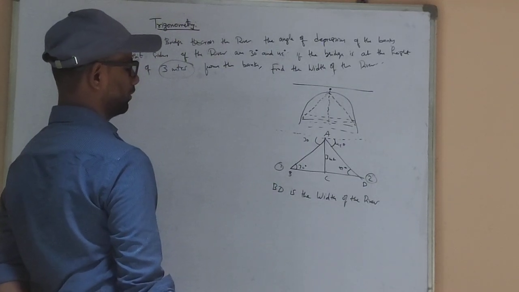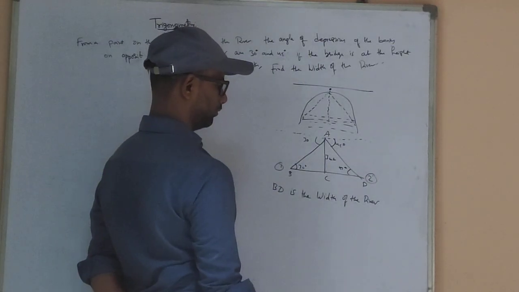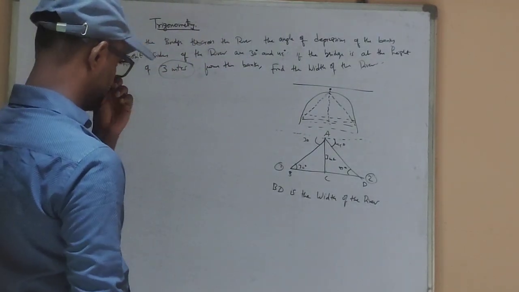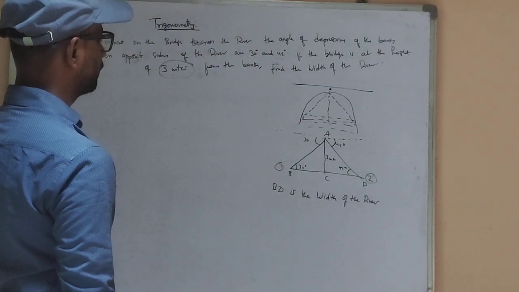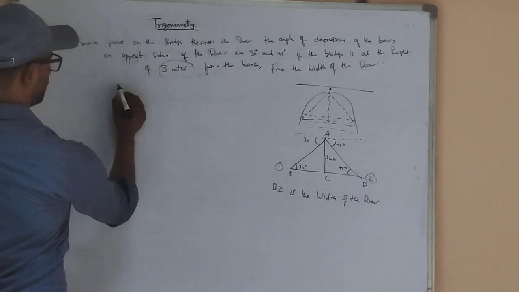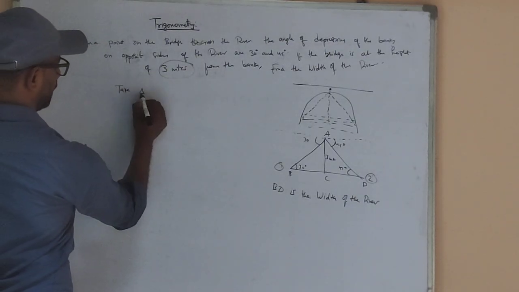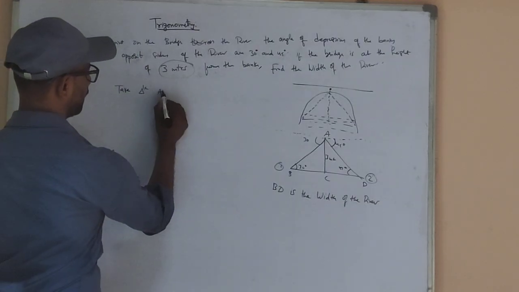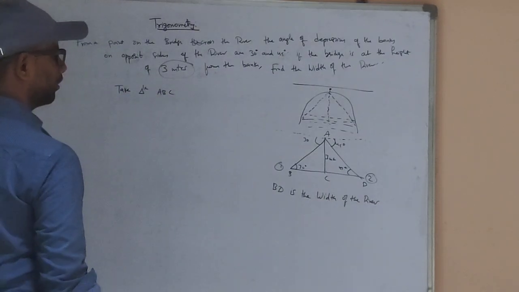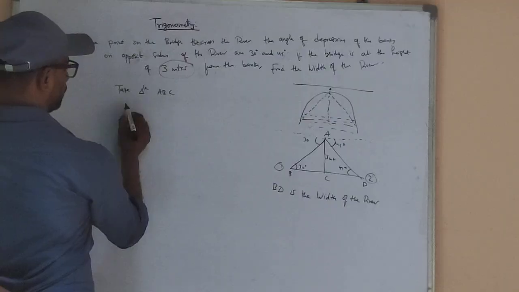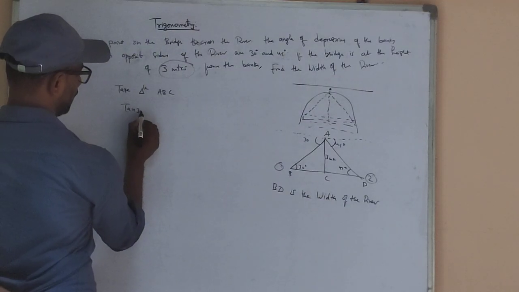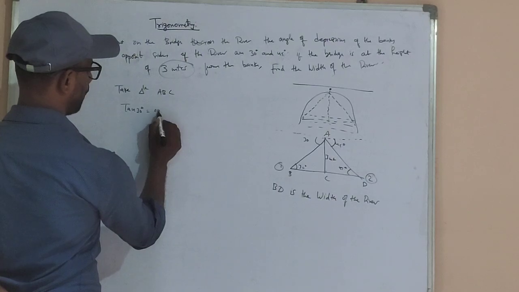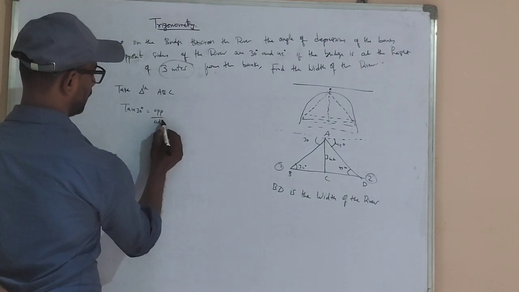Okay. Next. Now solve the question. Take triangle ABC. Now tan 30 degrees is equal to opposite by adjacent.